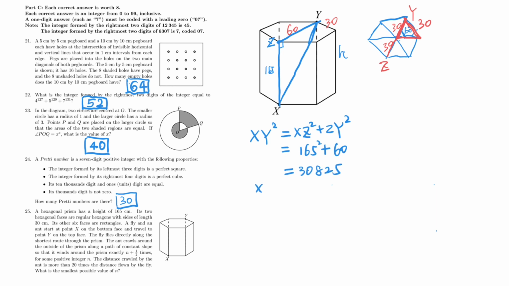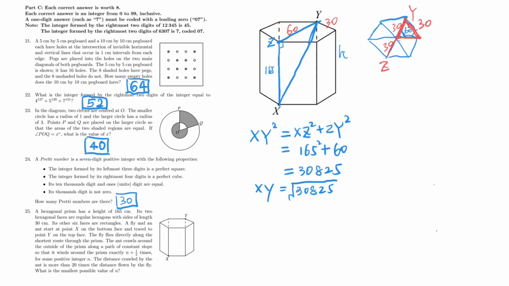So xy equals the square root of 30825. It's not a perfect square, so I leave it like this.